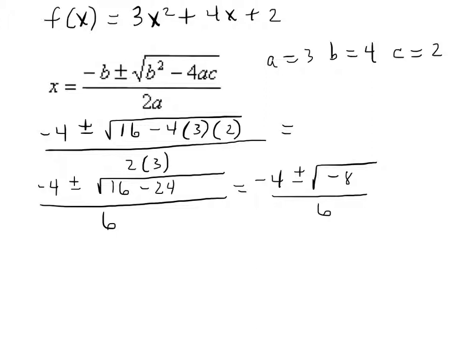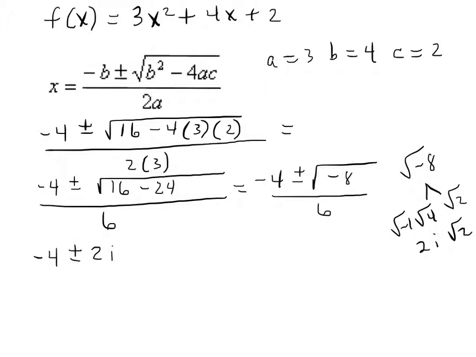So I'm going to simplify the square root of negative 8. Negative 8 simplifies down to the square root of negative 4 times the square root of 2. And instead of putting the negative 4 here, I'm going to put a negative 1 here, so this will go to 2i radical 2. So in my quadratic formula, it's going to become negative 4 plus or minus 2i square root of 2 all over 6.